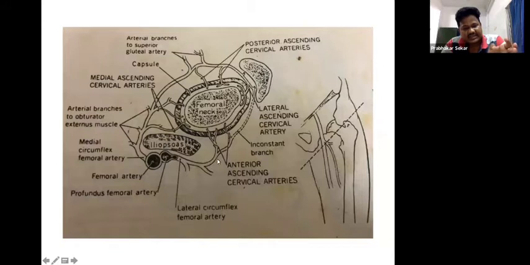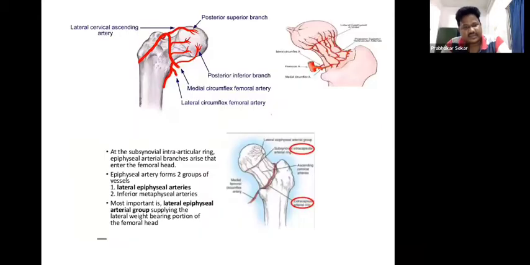But the anterior ascending cervical artery, that is retinacular artery, that only artery comes from the lateral circumflex artery. And so this ring may be joined by an inconstant branch, thereby this extracapsular ring may be a complete ring or incomplete ring, depending upon the presence of the inconstant branch.